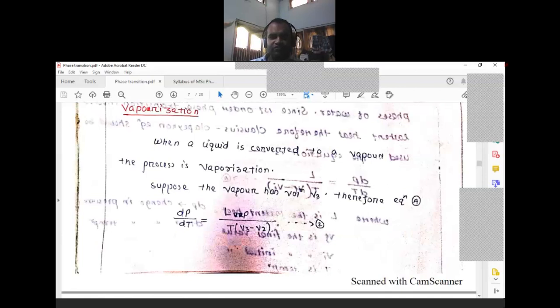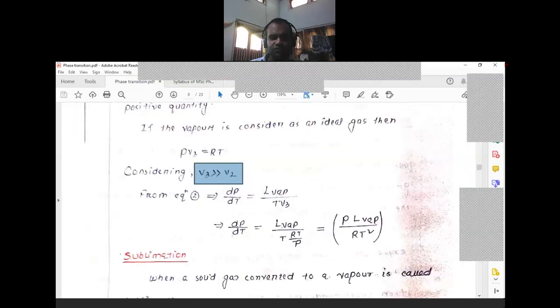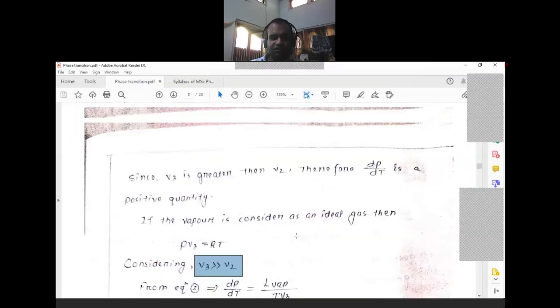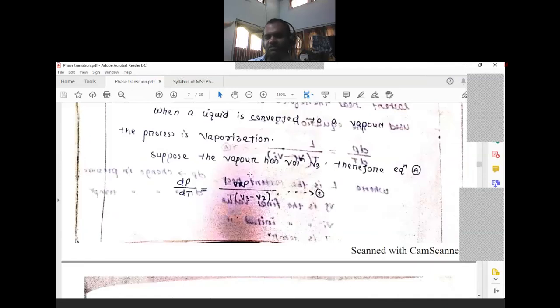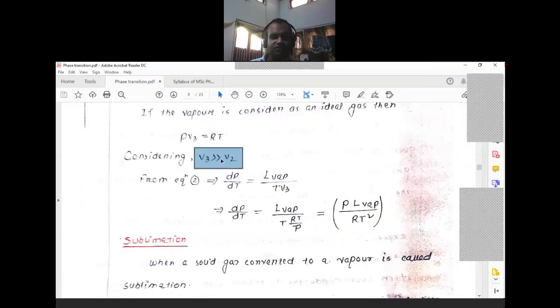In that case, the vapor is an ideal gas, and another thing, V3, the volume of the vapor, is much greater than the volume V2. In that case, what can we write?